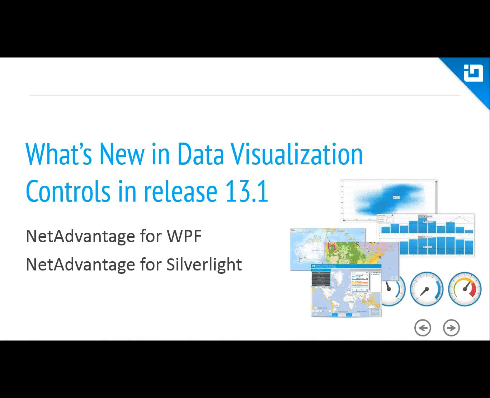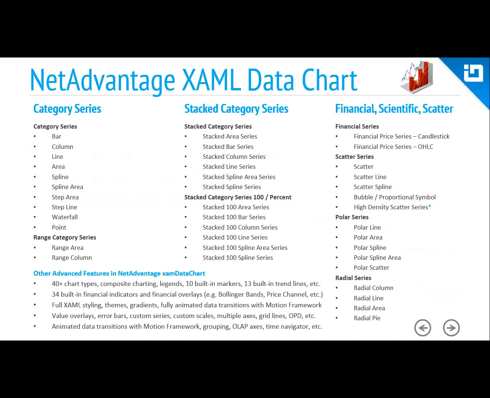So if you own the individual WPF package, you get everything that you see here today. If you own the individual Silverlight package, you get the same thing that Brian's been talking about, except the WPF ribbon, which is a new feature of WPF. If you own the .NET bundle, NetAdvantage for .NET, then you get everything that is discussed in this webinar. And the same thing goes, of course, if you own our Ultimate bundle, which has pretty much everything. So what are we going to talk about today?